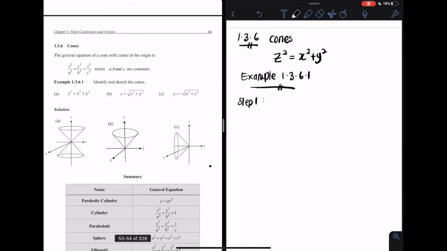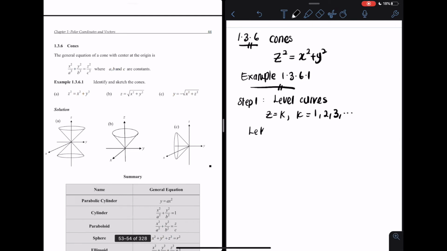What should we do for step number 1? We sketch the level curve. So z will be constant k, and constant k can take any value. For this example, I'll choose 1, 2, 3. So let's solve for each k.